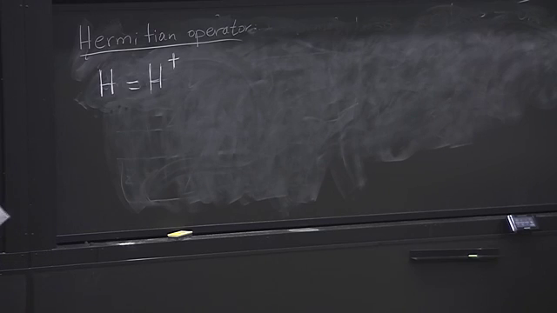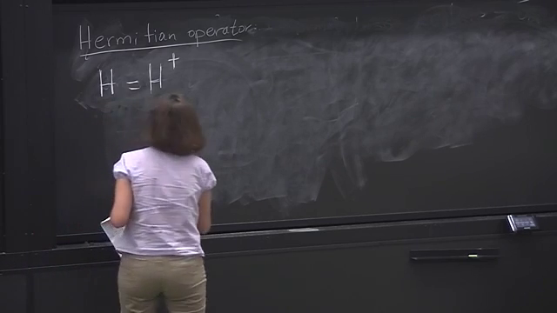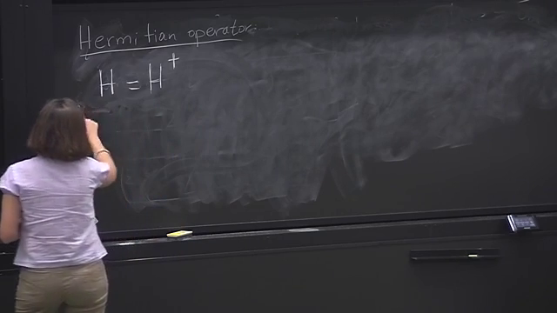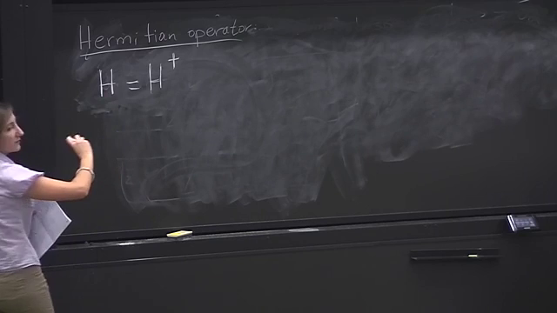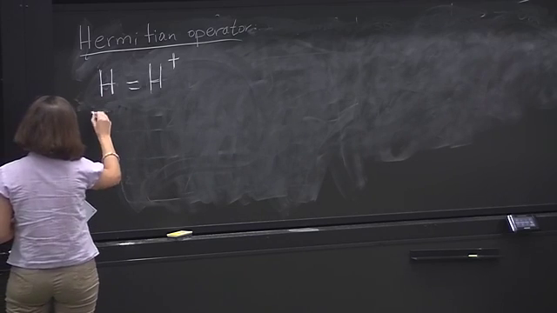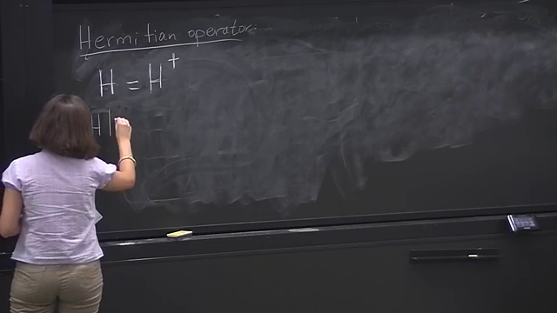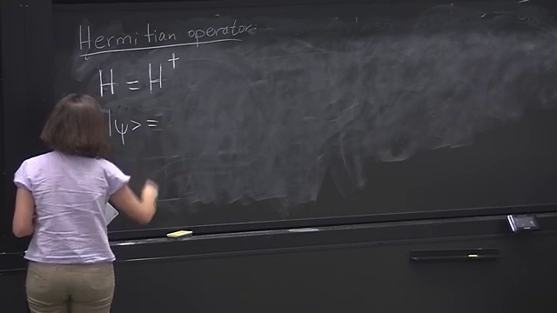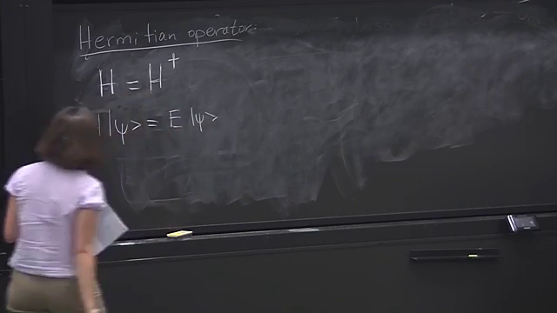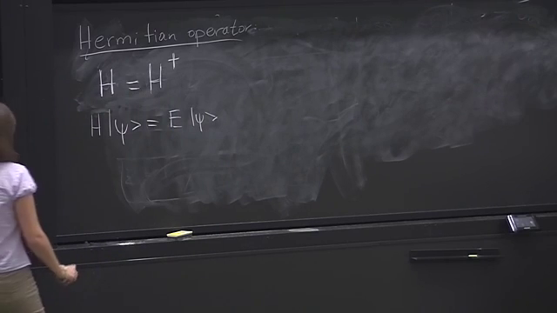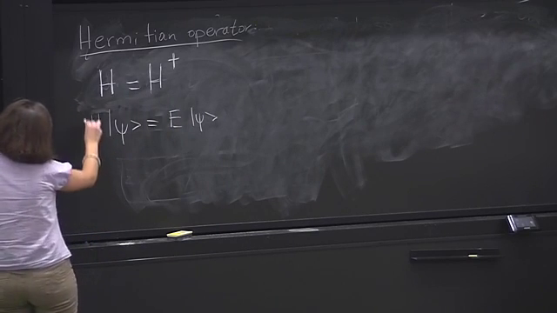Why is this? Because physical observables in quantum mechanics are things that we can measure, so they must be eigenvalues of a specific operator, say this operator H. And how do we measure them?